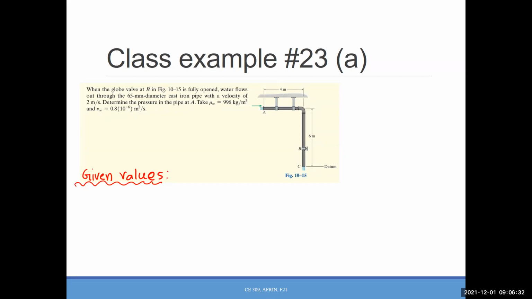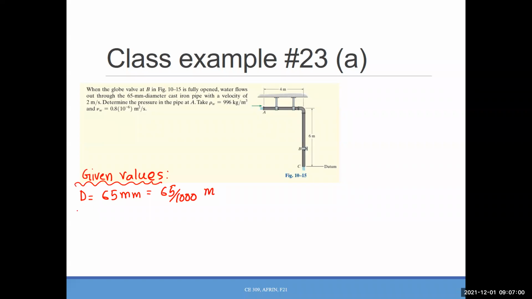The very first one is the diameter, which is given, right? It's 65 millimeter. We will convert that into meters. From now on, we will always write down the material of the pipe, because that will help us identify the friction loss or major head loss also.